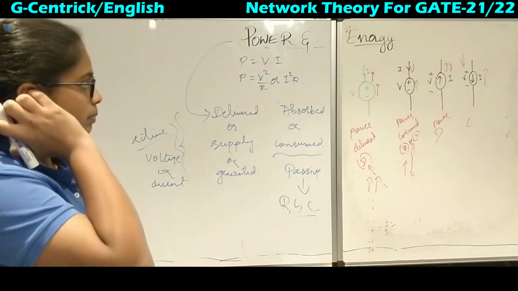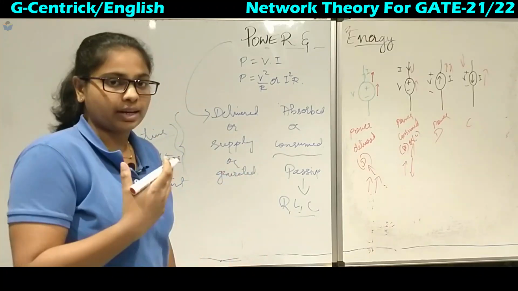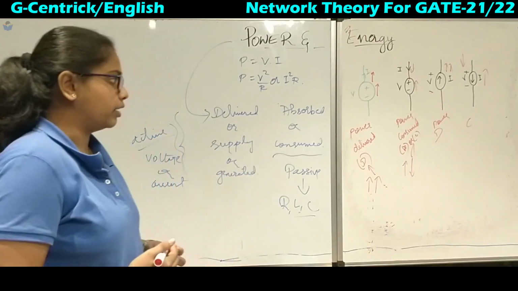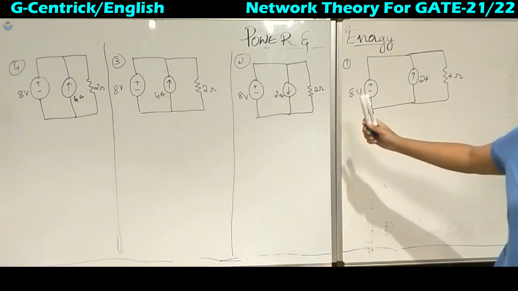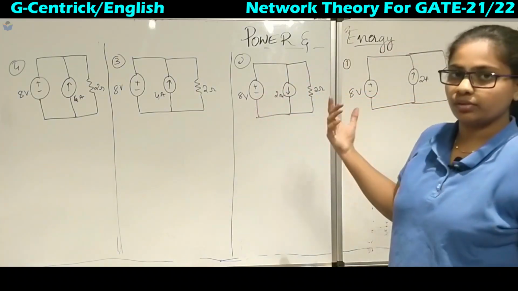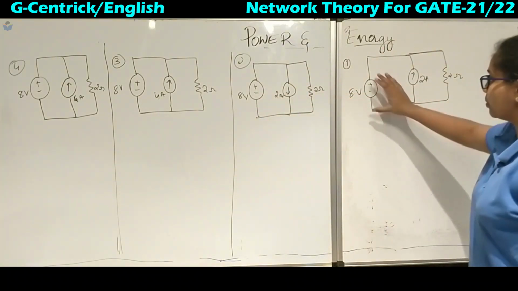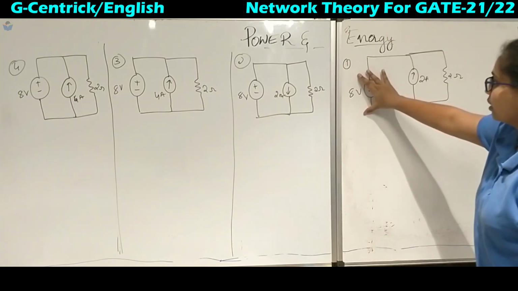Now we will take up problems and see how power can be absorbed or delivered. Coming to this first problem, we have to find the power absorbed or delivered by each element present in the circuit. So this is 8 volt.